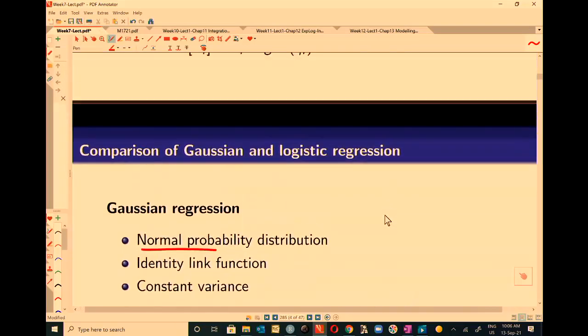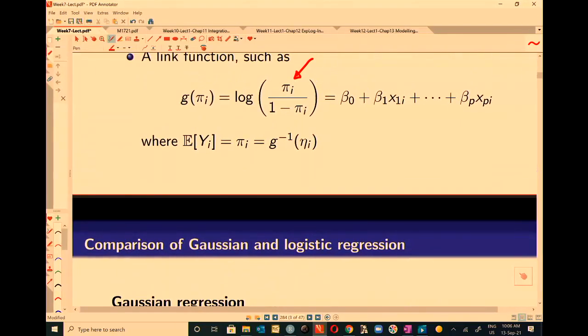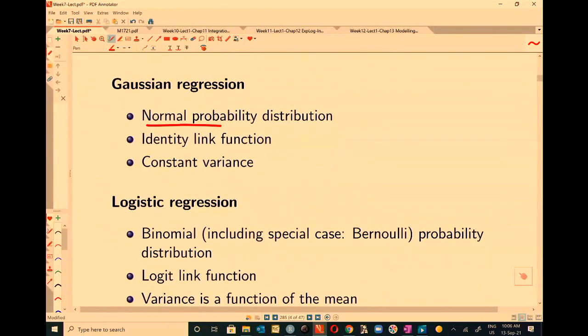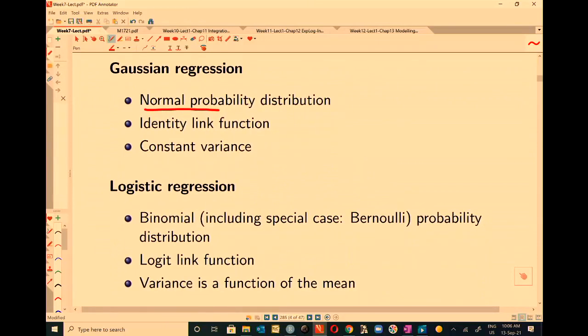Here we don't model the mean. The mean here is pi i. What we're modeling is not pi i, but log of pi i over 1 minus pi i, the odds. In the normal regression, we model the mean itself, so there's no problem with the link function; it's the identity function. And the variance is assumed to be constant. We say the variance is the same for all the data, or at least the residual variance is unchanging.